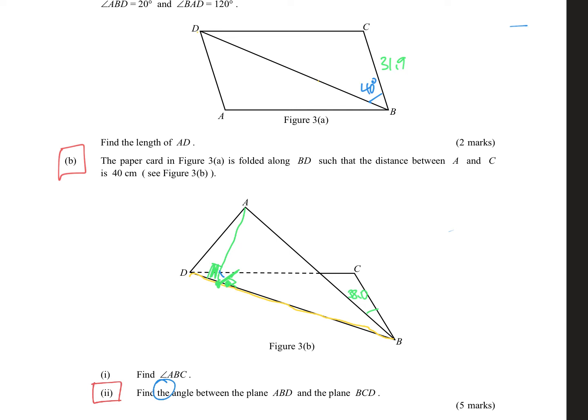But you can see the two green lines cannot be easily found. So how can you find the blue angle based on the trig formula? Part B1 is actually very important because it tells us some information about angle ABC.